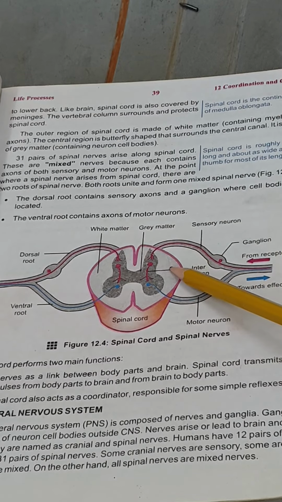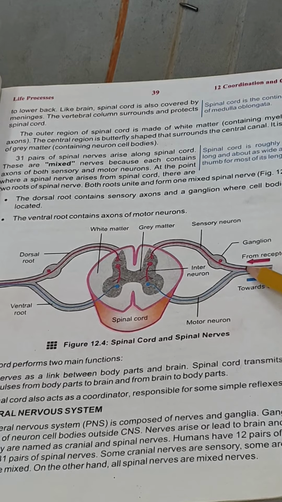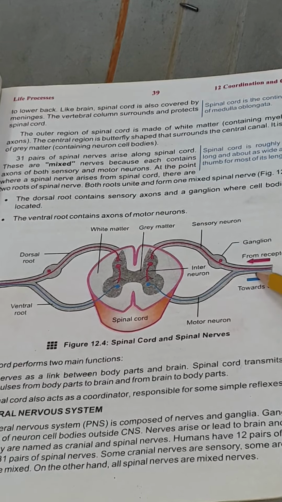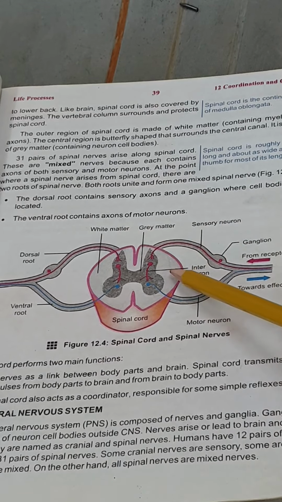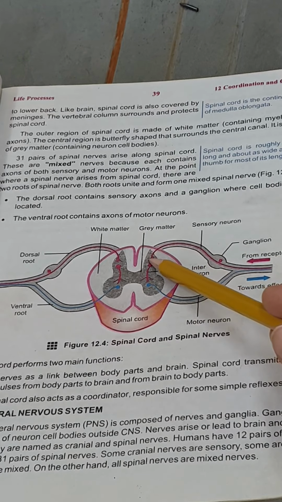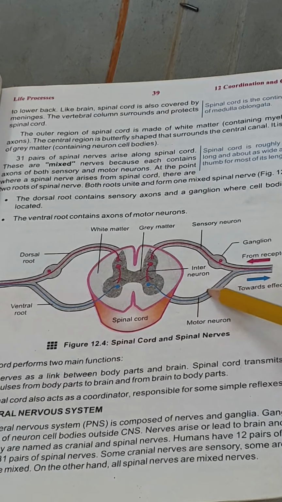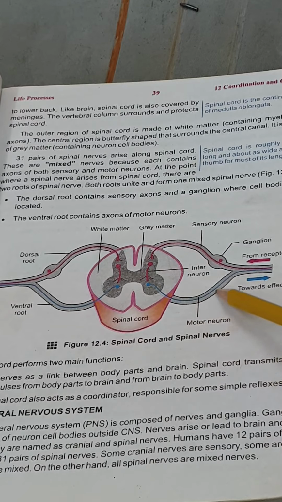In the spinal cord, the mixed nerves arise. This is the mixed form of the neurons, having the axon of the sensory neuron and the axon of the motor neuron, both. But when it reaches the spinal cord, the sensory axon goes toward the dorsal root, while the motor axon comes from the ventral root.